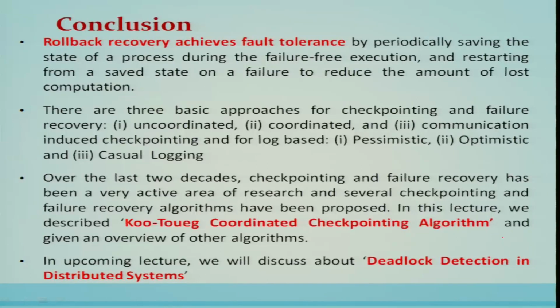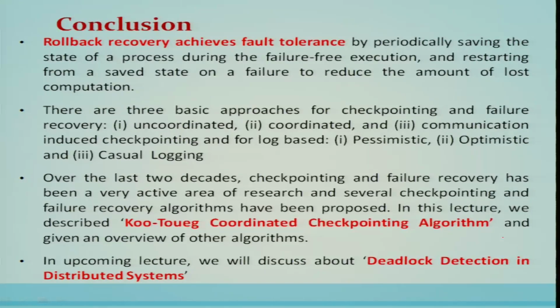Conclusion: rollback recovery achieves fault tolerance by periodically saving the state of a process during failure-free execution and restarting from the saved state on failure, to reduce the amount of lost computation. And this we have seen in several algorithms. There are three basic approaches for checkpointing and failure recovery: uncoordinated, coordinated, and communication-induced checkpointing.